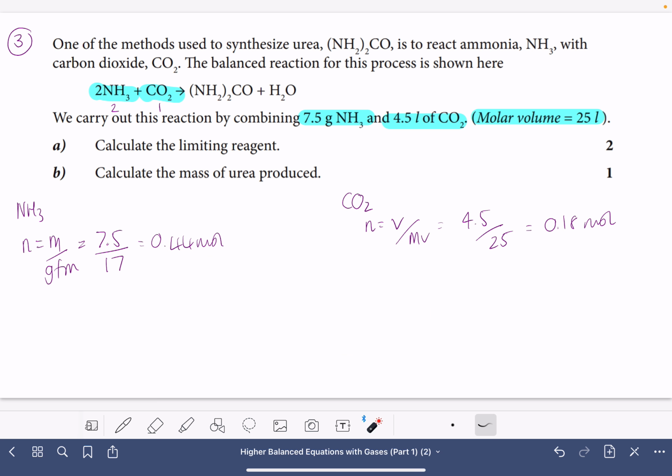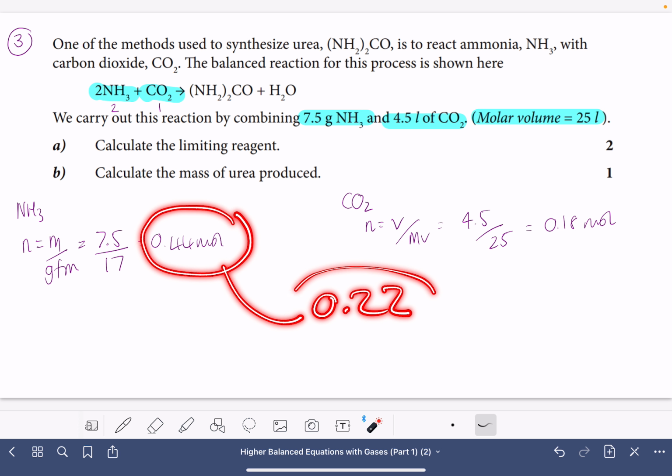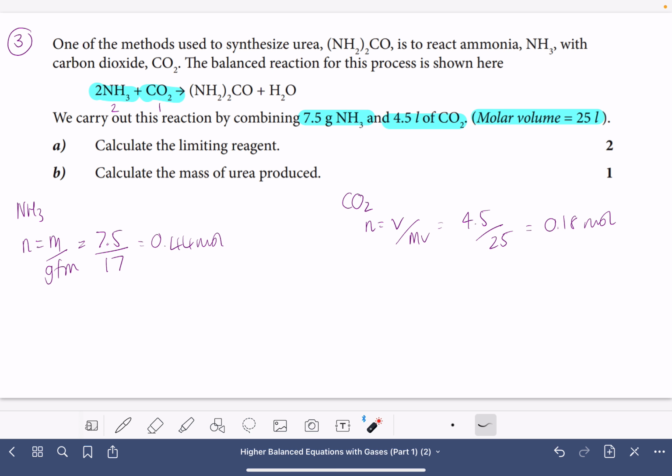So the limiting reagent is the carbon dioxide, and that's because if all of the ammonia reacted, it would need 0.22 moles, and we only have 0.18, and that is according to the molar ratio.